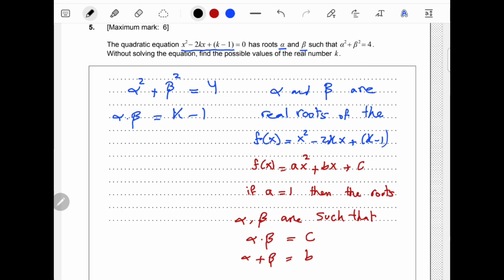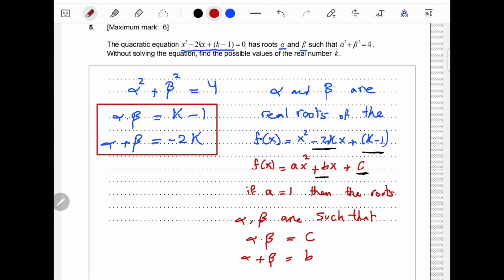Remember here, if you compare this to this, we have c equal to k minus 1, and b equal to minus 2k. And also we have alpha plus beta equal to 2k. So here we have a system of equations with two unknowns, then we can easily solve it.